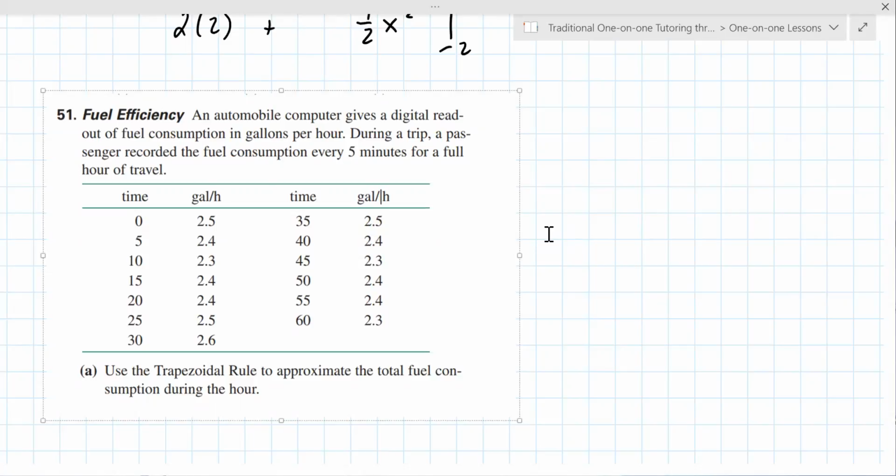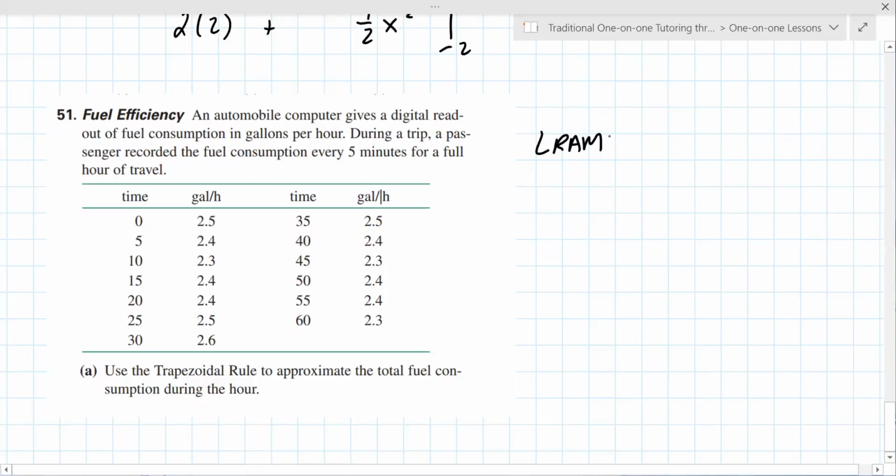Okay. So let's do real quick an LRAM on this. I know we're jumping back. Let's go from 0 to 30, n equals 6. Okay. And what you do is you treat this as your X and this as your Y. You first calculate your delta X. Your delta X is going to be 30 minus 0 over 6, which is 5.